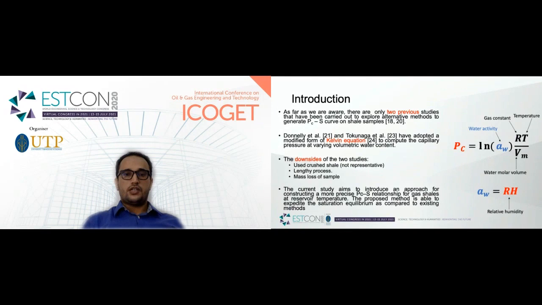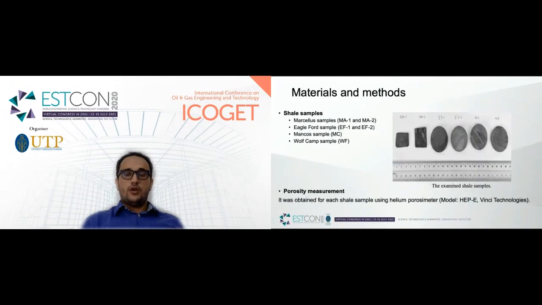They used crushed shale, which is not representative of the actual samples, and the process is very lengthy, reaching a couple of months, and there is a mass loss of the sample during the process, which affects the accuracy of the results. We capitalized on these 2 researches and wanted to minimize their downsides.